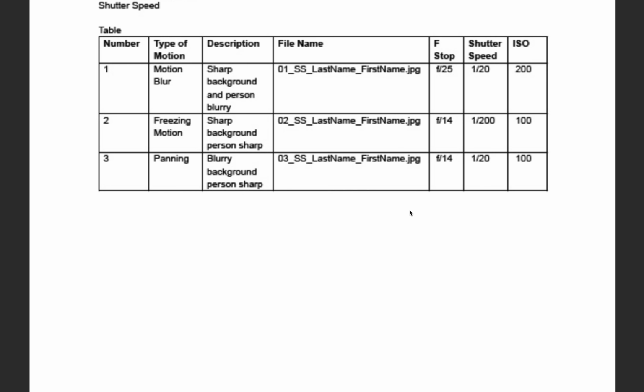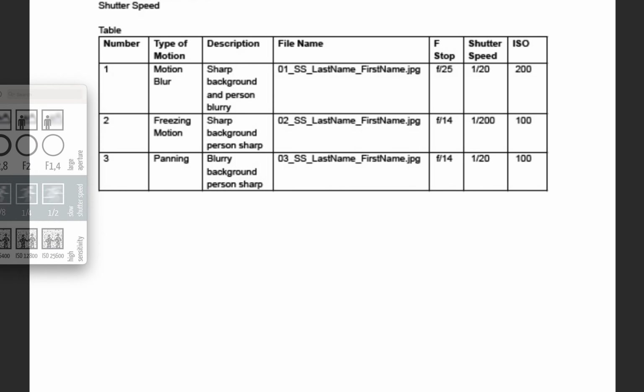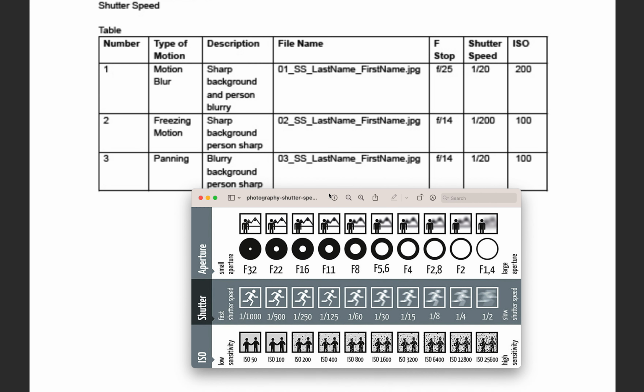Reviewing their settings, what do we have? ISO 200 on the first one. We want to bring the ISO down to 100. We want to let less light into the camera because they're overexposed for number 1 and number 3. So we're at 25, about right here. I'm moving my mouse up and down.